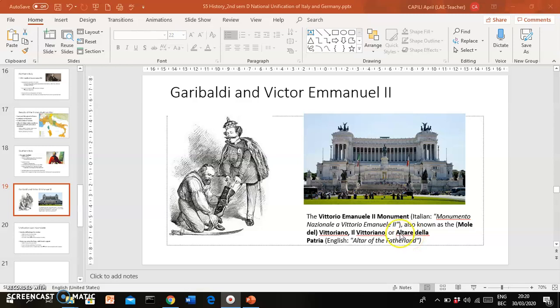These Italians who wanted to unify saw themselves as the sons of the fatherland of Italy. So you have echoes of nationalism there, shared tradition, shared language, shared culture, belonging to one community, and also perhaps a little bit of romanticism as well.